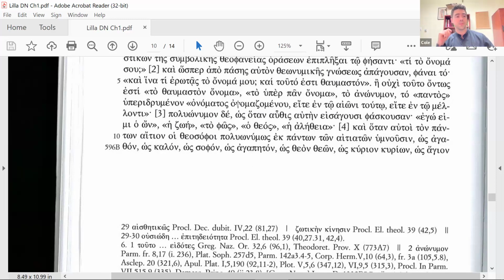Okay, so the one established above all names of what is named, either in this age or in that which is to come. Yes, great.